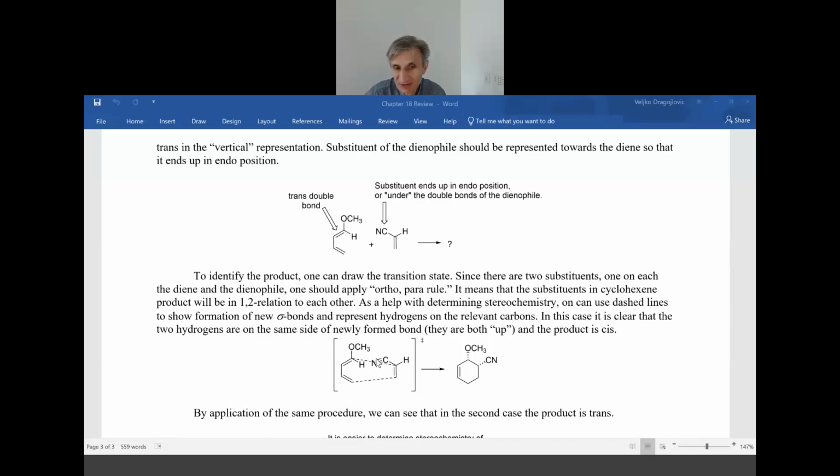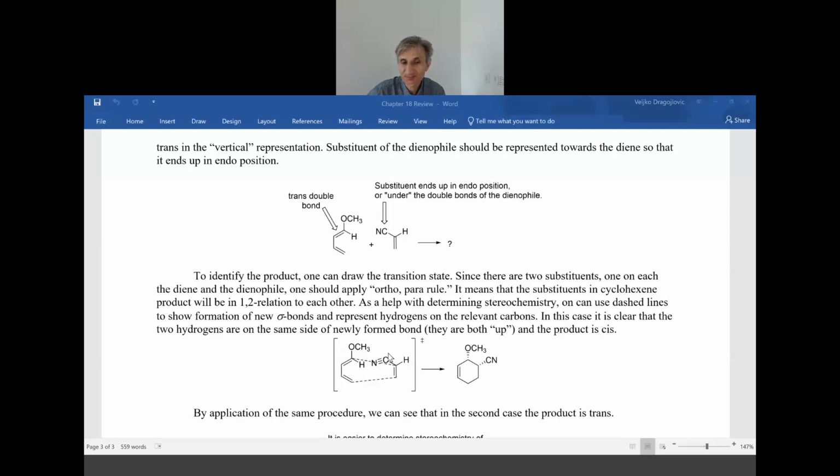I represented this nitrile group as a carbon-nitrogen triple bond to show you why there is an endo rule. Because this pi electron cloud interacts with the pi electrons of the diene, and that stabilizes the transition state. And that's why we have this endo stereochemistry.